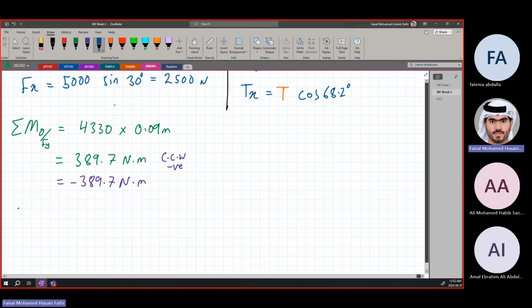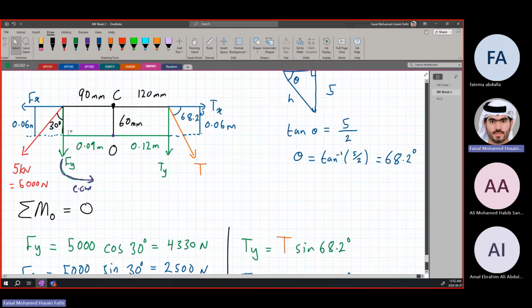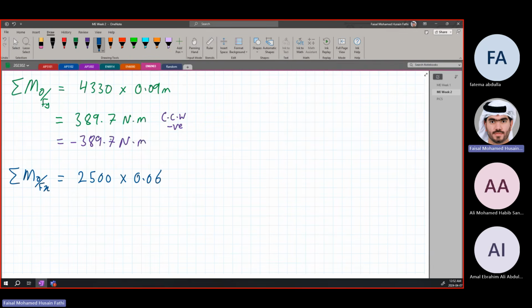Now we're going to look at the moment due to Fx, which is 2,500 times the distance, which was 0.06 meters, which is 150 Newton meter. Again, we need to check the direction.